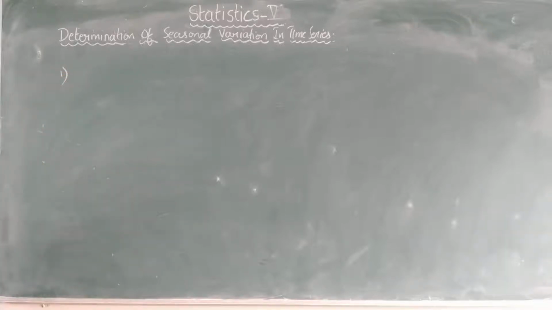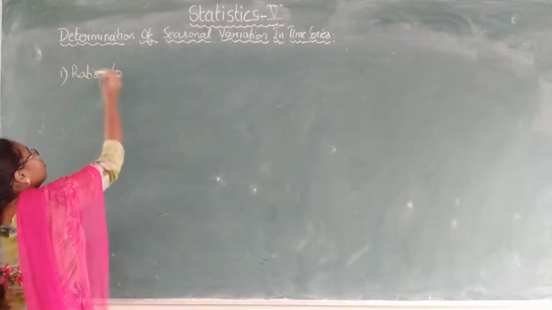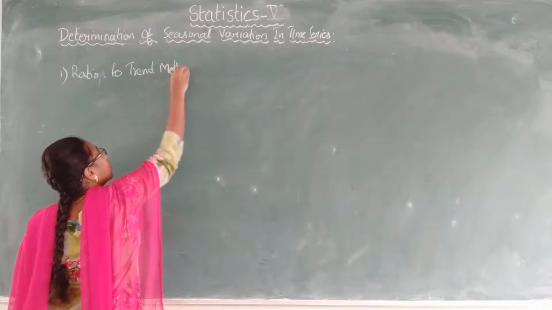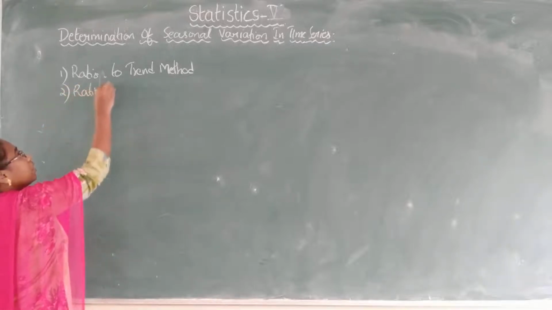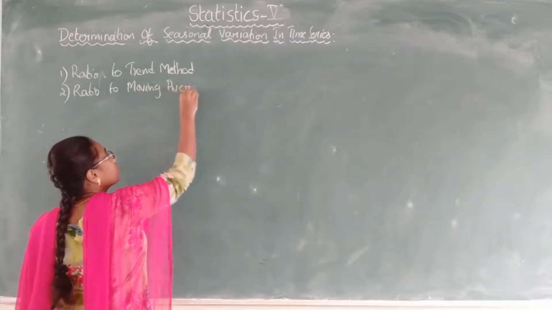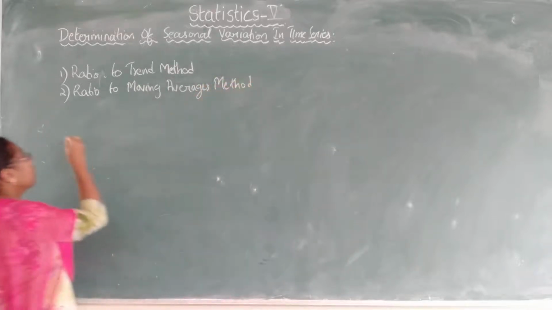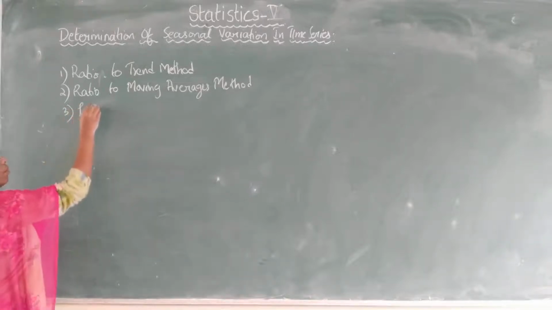Among those, a few of them are the ratio to trend method, the second one is the ratio to moving averages method, and the next one is the linked relatives method.